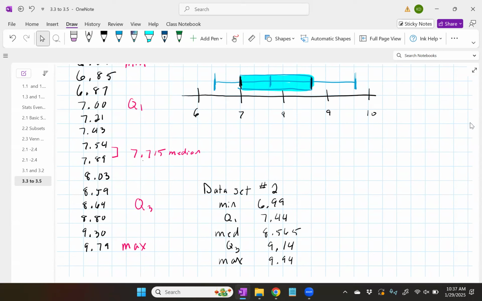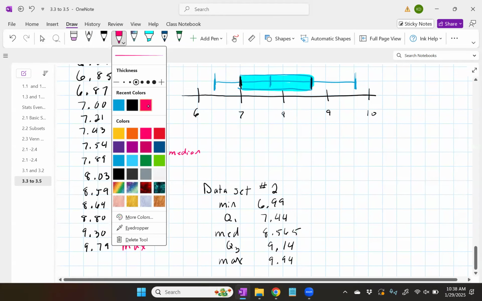So I found that the minimum should be 6.99. Q1 hits at 7.44, median 8.565, Q3 9.14, and the max is 9.94. So now I'm going to graph those. And let's use pink just to keep it different.